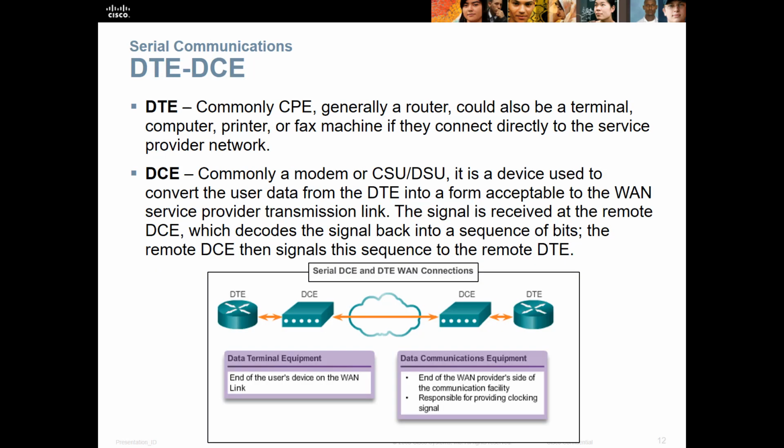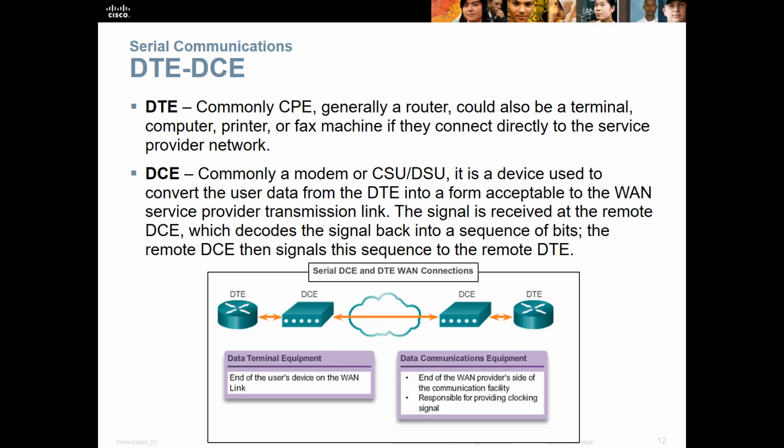Since we're dealing with serial, since we started off with serial, we have a DTE and a DCE. So one side of the cable is DTE and one side is DCE. Commonly, the DTE is going to be a common CPE, normally a router, and could also be a terminal type computer or other device.